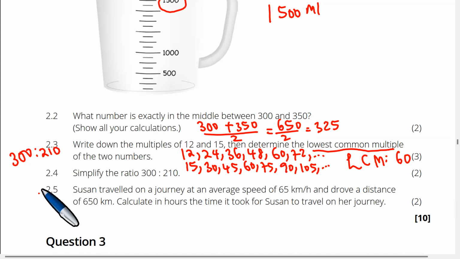So now, because each one has a 0 at the end, you can divide this one by 10 and that one by 10. If you divide by 10, it removes a single 0 from each, and then it is 30 and 21.